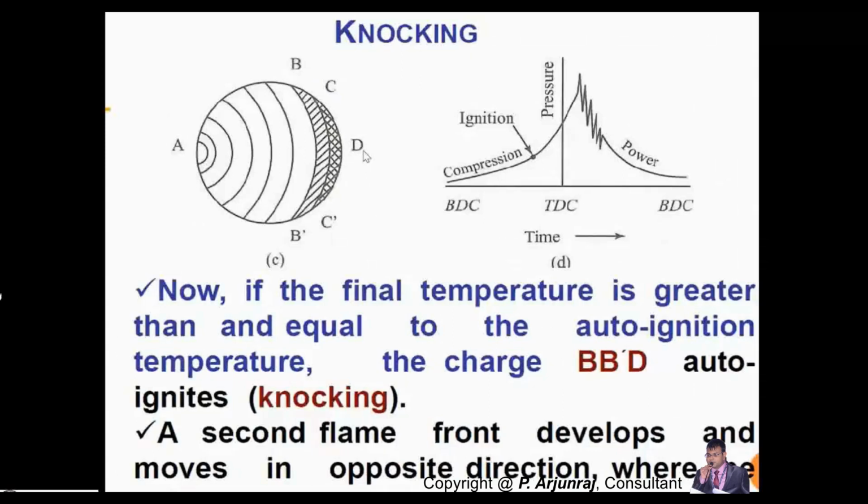When ignition happens at the spark plug, this ignition will also create a combustion, because the spark plug creates a fire, and that fire reacts with the mixture. This is the combustion chamber in which the air and fuel mixture is present. When the spark ignites and reacts with this air and fuel mixture, it also creates a combustion.